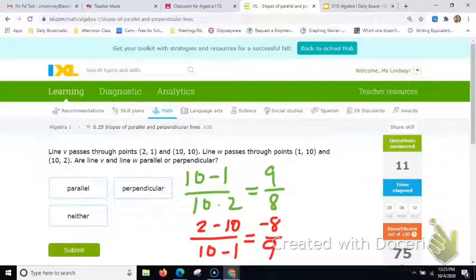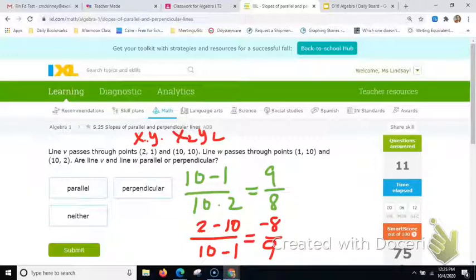All right, so 10 minus 1, remember this is x1, y1, the first x and y, second x and y. So I did 10 minus 1 on top, 10 minus 2 on the bottom, gave me 9 over 8. And then in the second one, I did 2 minus 10 on top and 10 minus 1 on the denominator, and I got negative 8 over 9.